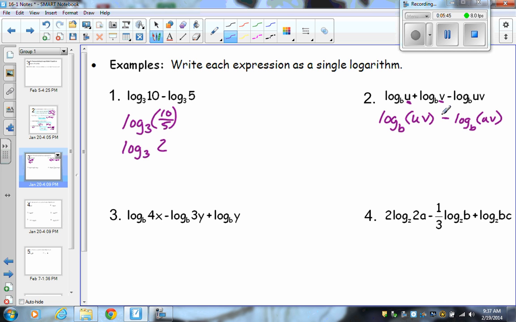Subtraction is the quotient rule. So that tells me that I can rewrite that as log base b of uv divided by uv. Anything over itself is just 1, so our single logarithm here is the log base b of 1.